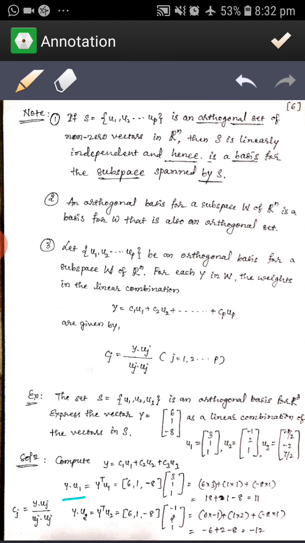to calculate c we need to calculate y dot u1. So y dot u1 is equal to y transpose u1, and if you multiply, it is coming 11. Similarly y dot u2, as there are three vectors, that is y transpose u2, and that is coming minus 12.